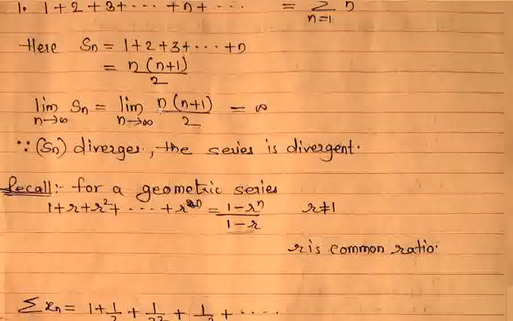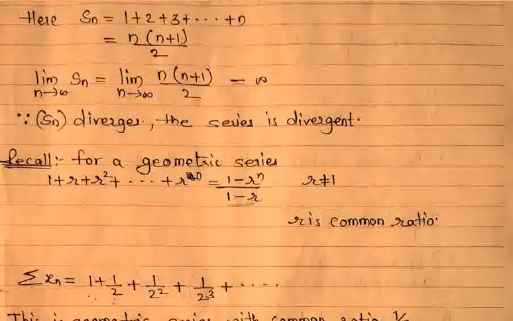And you have n here, right? So if you substitute n as infinity here, you're going to get infinity multiplied by this inside thing, and infinity multiplied by any number is infinity. So S of n diverges. The series is divergent.